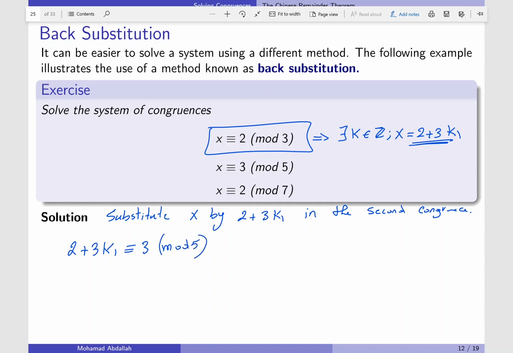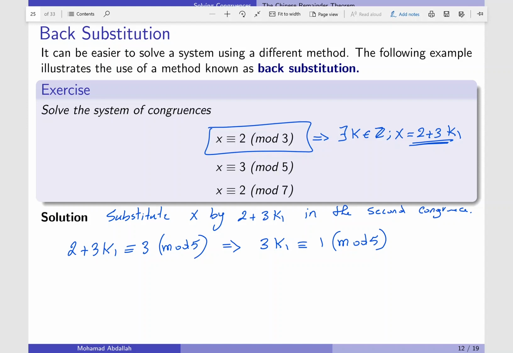Now let's try to solve here. I want to find k1. So this means that 3 multiplied by k1 is congruent to 1 mod 5. How did I get this? Well, I subtracted 2 from each side.